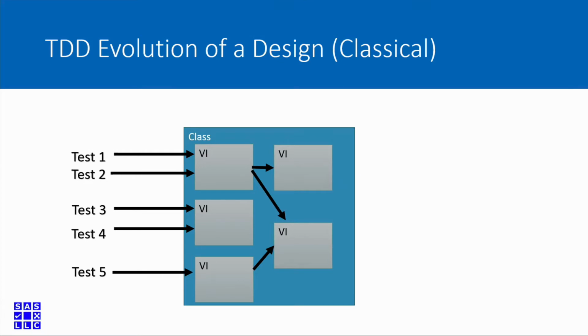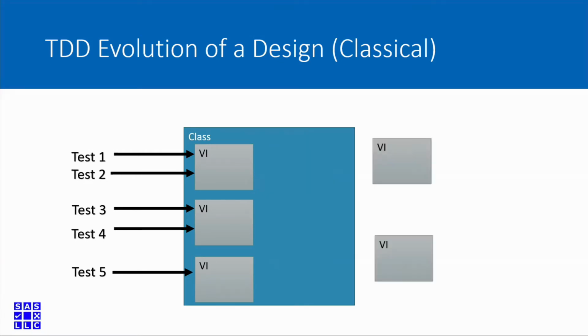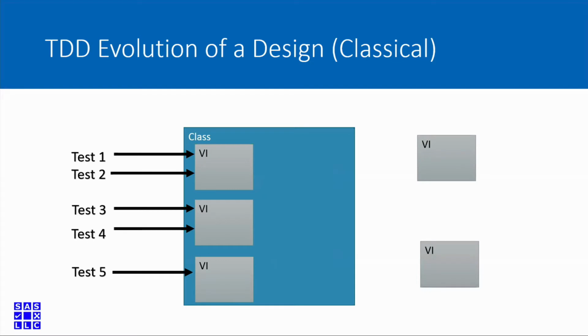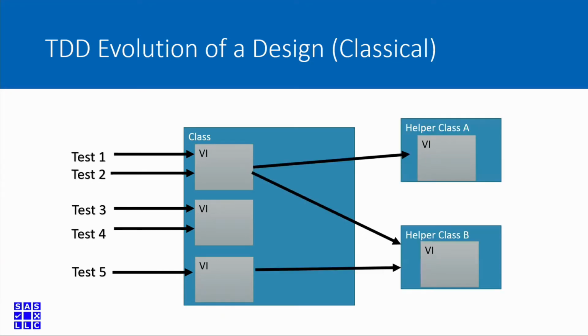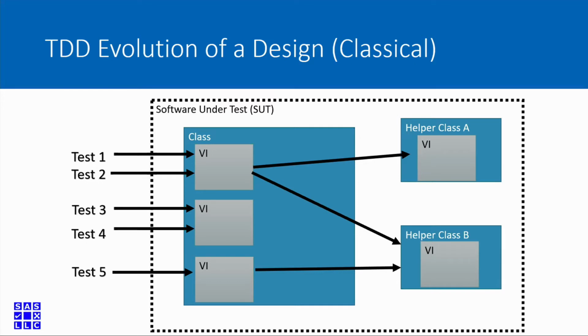And at some point, the responsibilities of these VIs get really big and we decide they don't really belong in that class anymore. So we move them outside the class and maybe we put them in their own helper classes. And so our unit of test then becomes this class that we're interacting with, and all the helper classes are kind of included in the software under test, but we're not testing them separately, because we're testing them through the interface that's provided by our class.